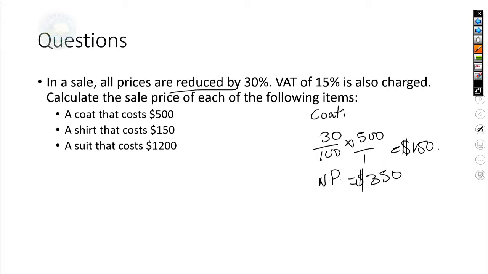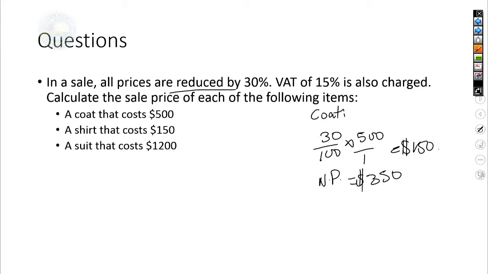Now, what you could have done here, instead of doing this, if you know 30% is taken off, that means how much do you have remaining? 70%. And you just could have done 70% of the number, and you would have gotten the $350 one time. Again, different ways to work it out, all are mathematically correct. You just need to choose which one you want to choose.